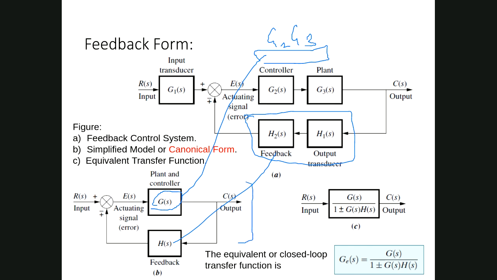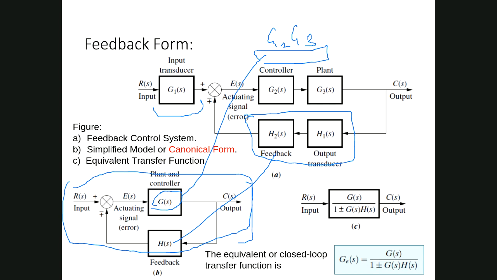And then the signal coming in here can be R times G1 instead of just R at this point. Now once it is in this form, we know that this is G over 1 plus or minus GH, depending on what is here.